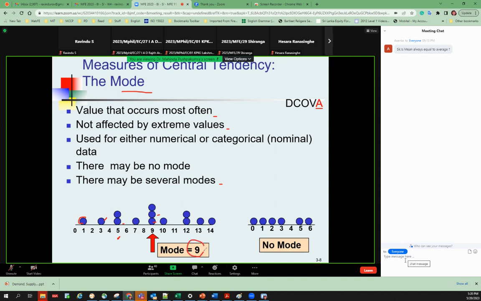We call it the mode. The advantage is that it is not affected by extreme values. You can use the mode for either numerical or categorical data. This is the only central tendency measure we can use for both numerical and categorical data.